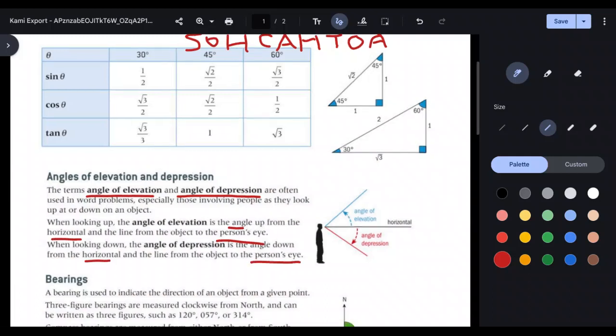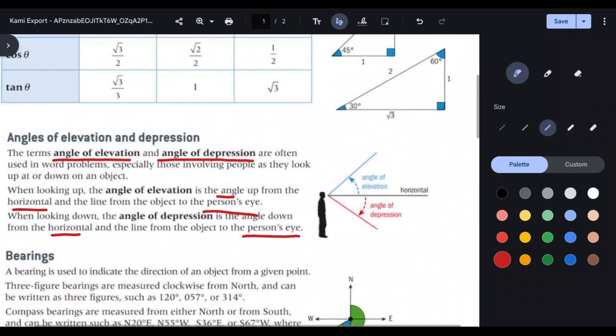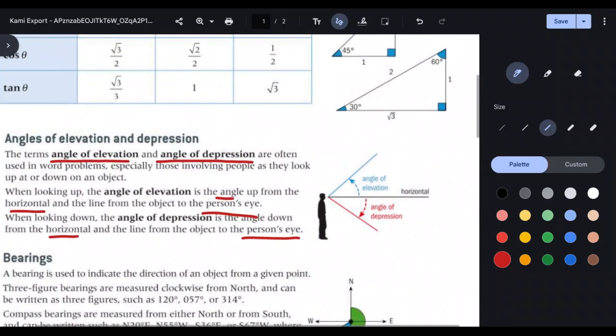So just a quick example of how a word problem might be phrased for this type of problem. Let's say it tells you there is a person looking up at the top of a tree, and it gives you the distance between the person's eye and the tree, and it also gives you the angle of elevation, because in this case the person is looking up to the top of the tree.